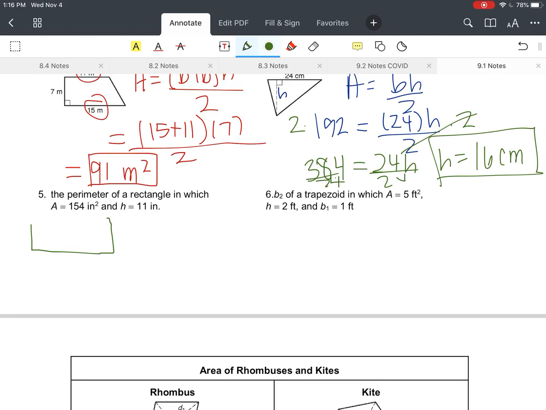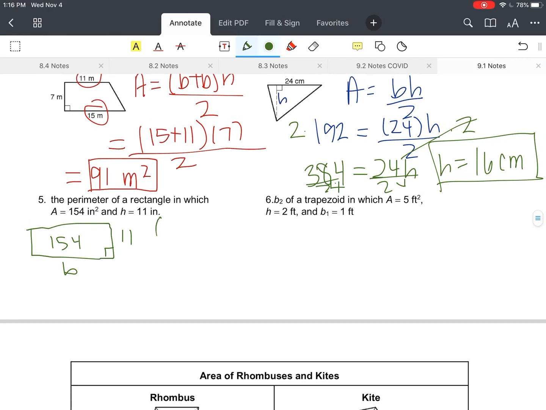Number 5, it wants me to find the perimeter of a rectangle in which the area is 154 and the height's 11. So let's draw a picture to help us visualize. Remember, it's a rectangle, so this is a right angle, and my height's 11. My area is 154, and to find the perimeter, I'm going to need to know the base. Well, area is base times height.